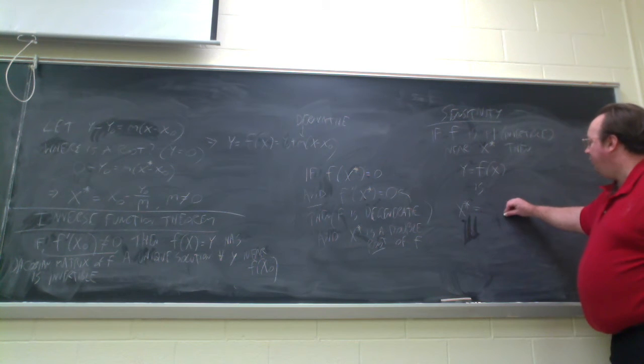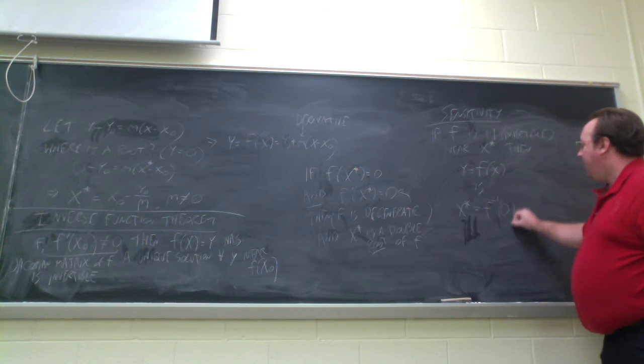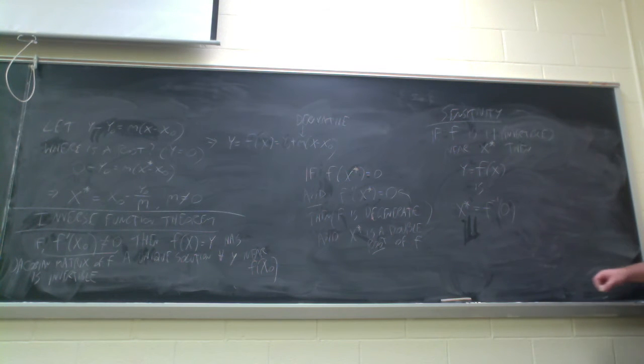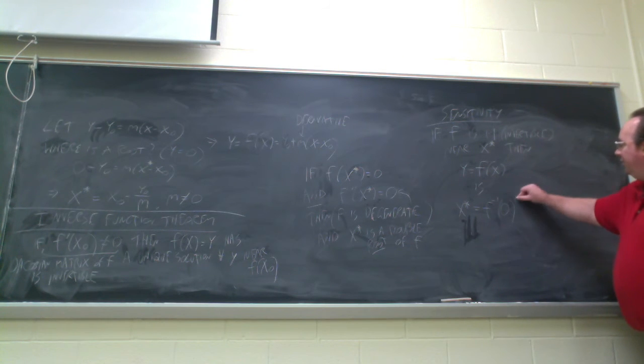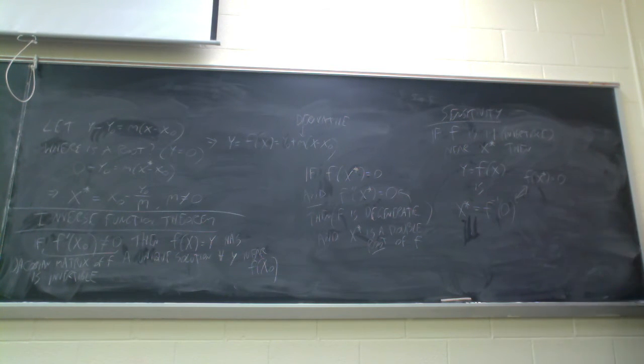So you think of our input as being 0, and we're trying to compute f inverse, because this is equivalent to the equation f of x star is equal to 0. So you can think of this as a process. So finding a root is kind of like a process of computing f inverse at a specific point, 0. But I need this assumption that f is 1-to-1 in order to be able to talk about f inverse.